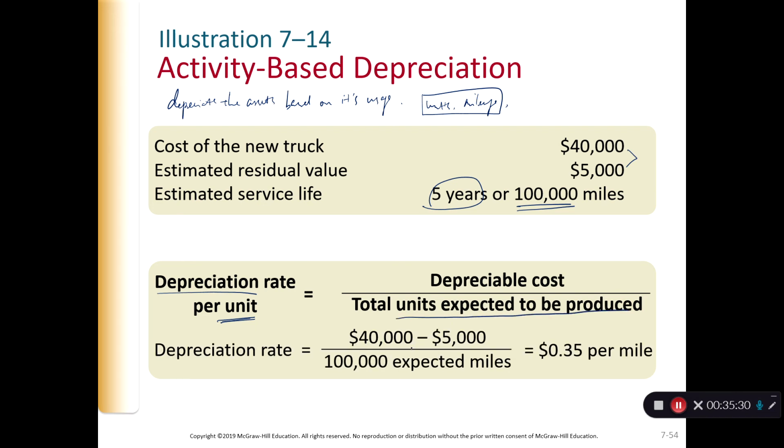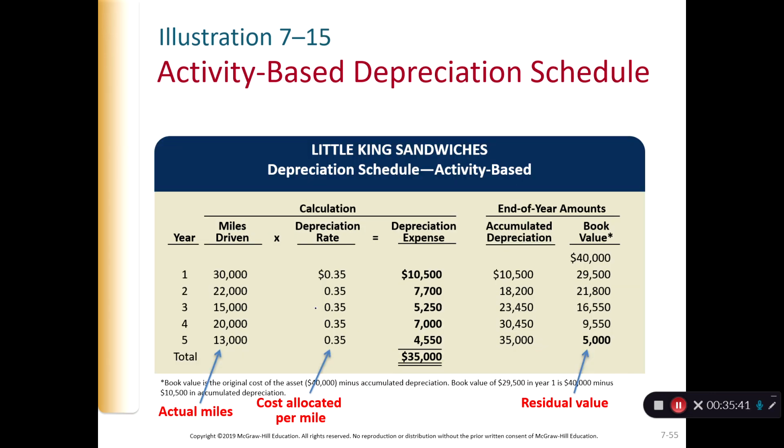Basically, it's 40,000 minus 5,000 divided by 100,000. We understand that for every mile the truck drives, it costs us 35 cents. Okay, so therefore, in year one, if you drove 30,000 miles, that means you were depreciating 10,500, because 30,000 miles multiplied by 35 cents equals 10,500.